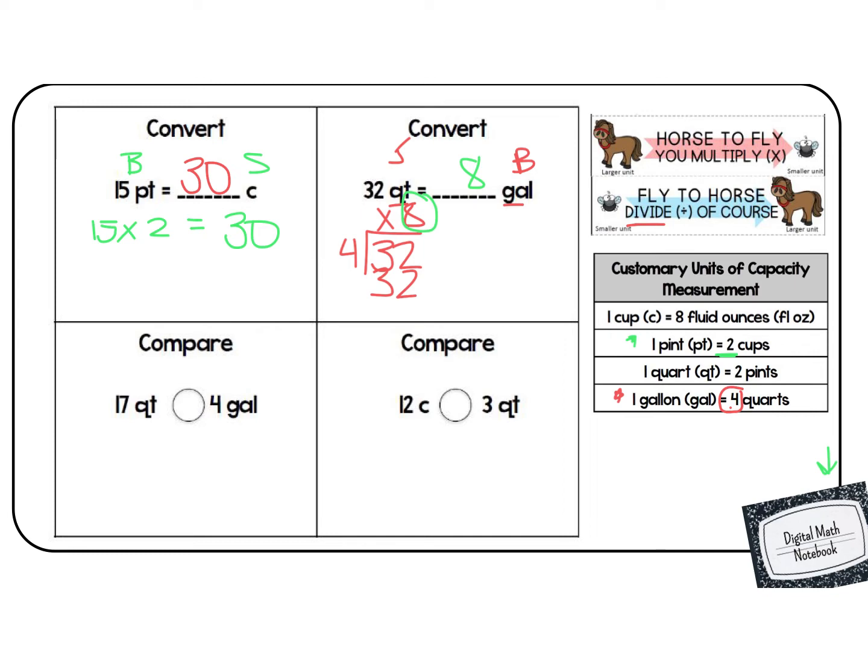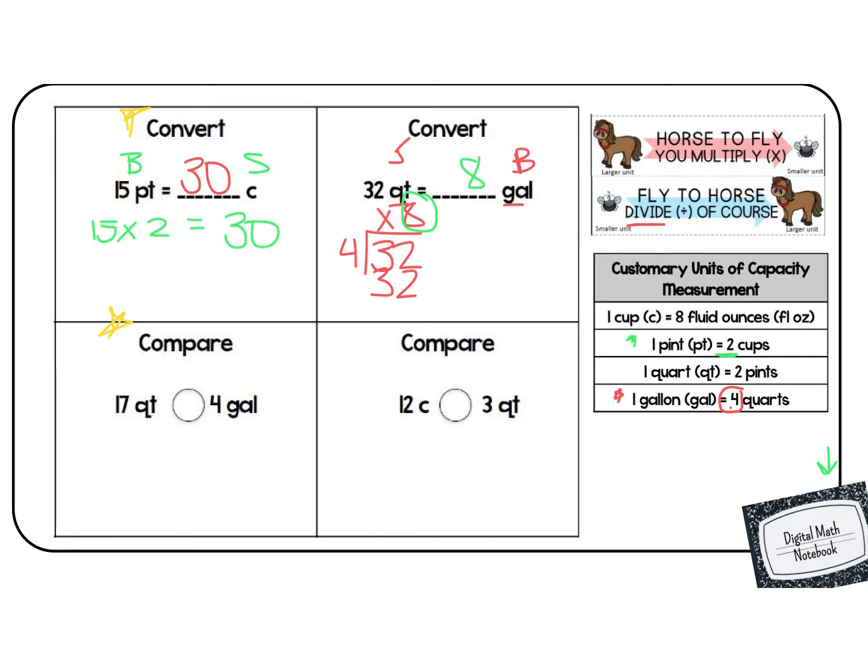So remember our objective. Our objective is to be able to convert and compare. So now let's try the compare questions. It says we have 17 quarts or 4 gallons. In order to compare units, we need to make them the same unit so that we can look at them on equal terms.